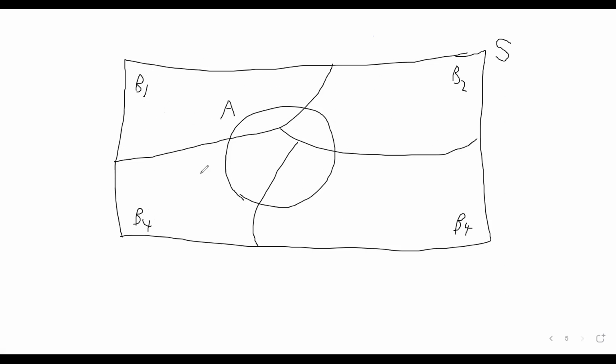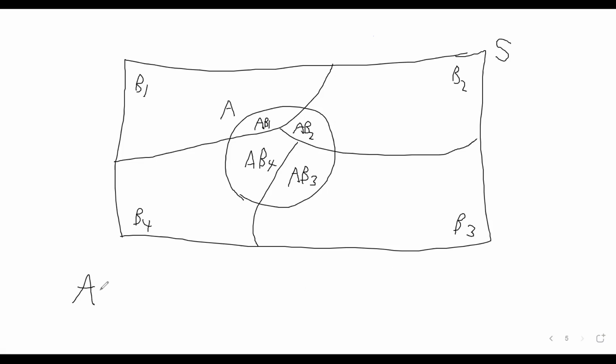They don't overlap, and their union is all of S. For any set A in S, you can think of A as the part in B1, the part in B2, the part in B3, and the part in B4. So you see how A is a union of the mutually exclusive events AB1, AB2, AB3, and AB4.